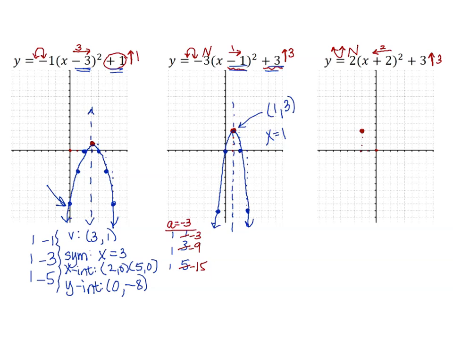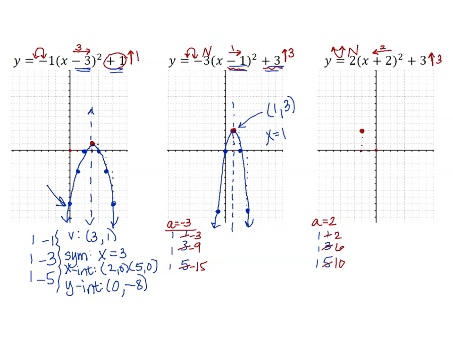And I know it's going to open up, so now it's time to figure out the shape of my graph. So I'm going to do my little 1, 3, 5 table. This time my A is 2. So I'm going to multiply each one of these by 2. That means I'm scaling the distances by a factor of 2.